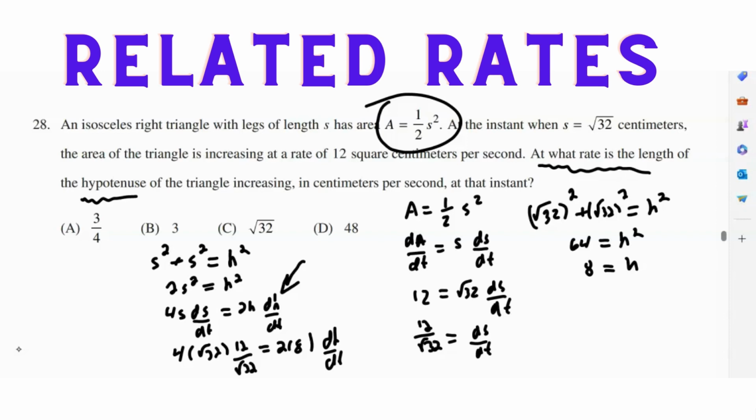All right, so the root 32s are going to cancel, and we're going to get 48. 48 on the left is equal to 16 dh/dt. Divide both sides by 16, and we would get dh/dt is 3 centimeters per second.